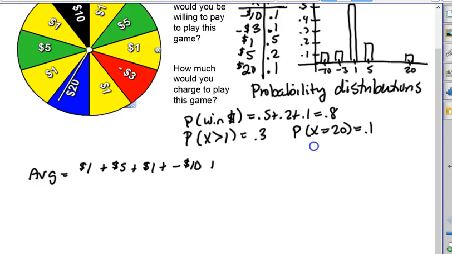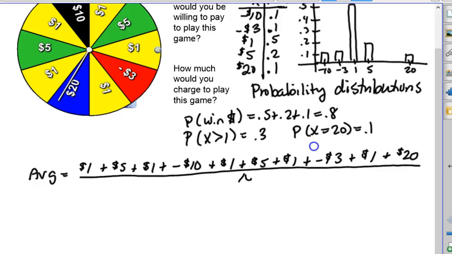Plus negative 10, plus 1, plus 5, plus 1, plus negative 3, plus 1, and plus 20. And since they're all equally likely, we can divide this by 10. If you add all of these up, it turns out to be $22 divided by 10, or $2.2.